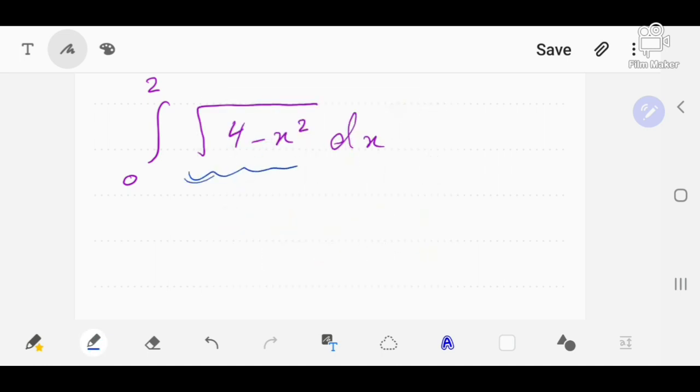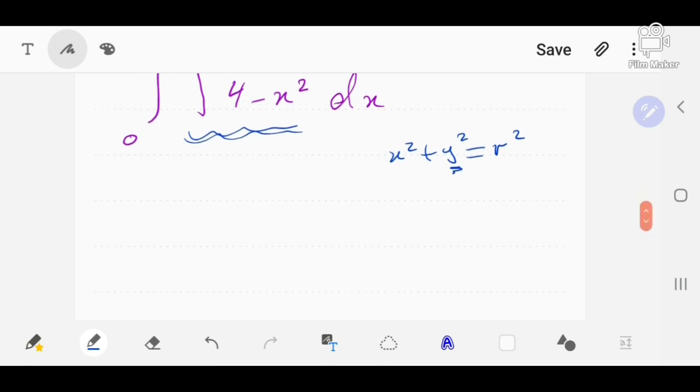Supposed to. The equation of a circle is x squared plus y squared equals r squared. So in this case, what do we have? It's just like solving for y. So we have y equal to the square root of 4 minus x squared, which means the radius squared was 4, and the center in this form is 0, 0. So we have a circle with radius equals 2.